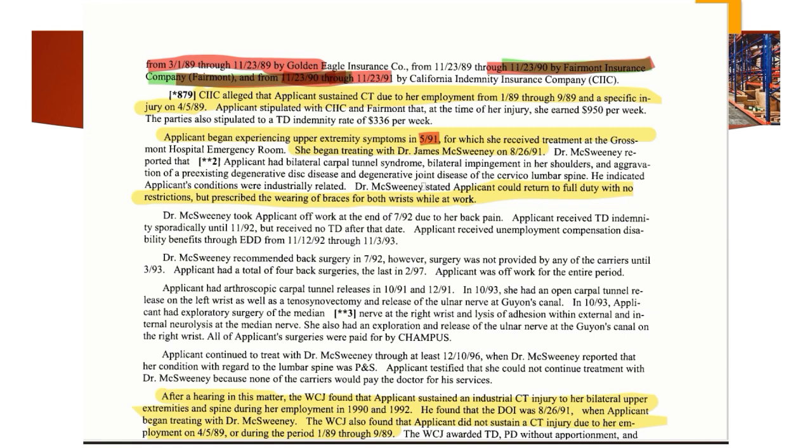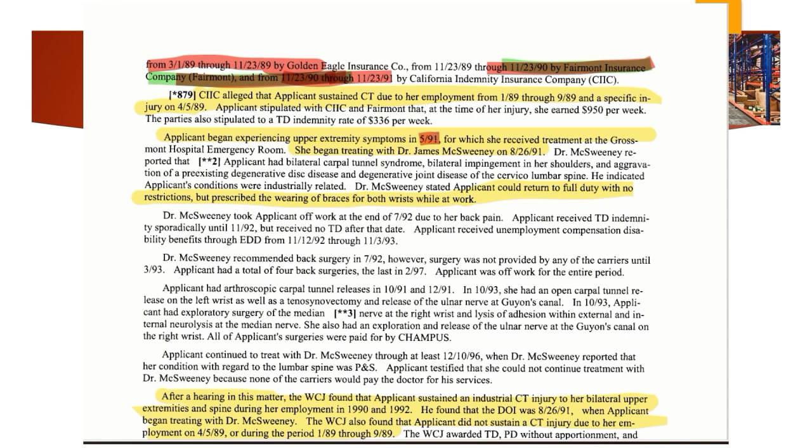So Dr. McSweeney started some treatment. He diagnosed her with a bunch of conditions. He said that she could return to full duty with no restrictions, but he prescribed the wearing of braces for both wrists while at work. All right, so let's be clear. In May of 91, the injured worker had symptoms. She required medical treatment.